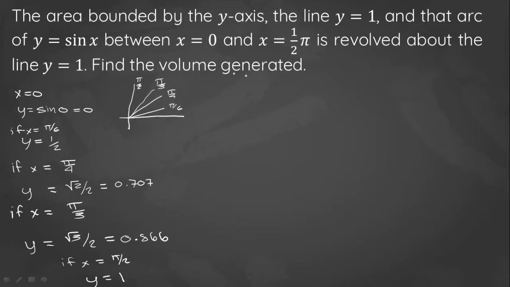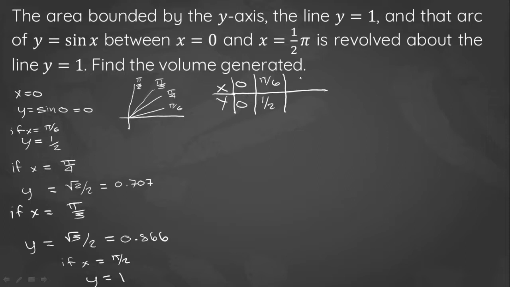So making our table of values, we have x and y. When x is equal to 0, we calculate that y is equal to 0. And if x is equal to pi over 6, then y is equal to 1/2.